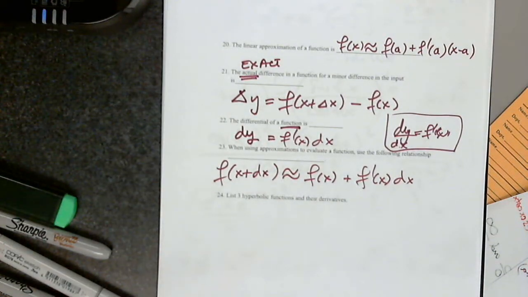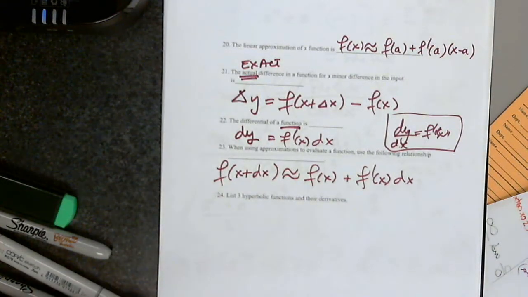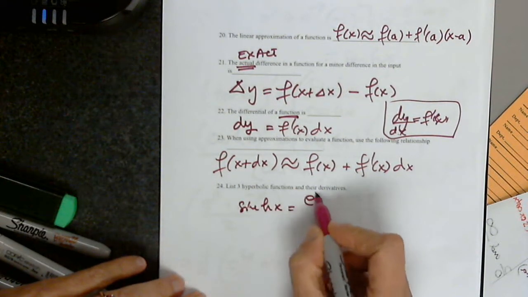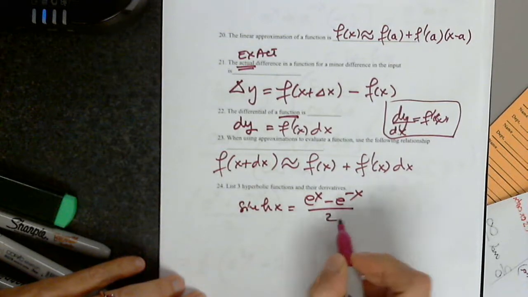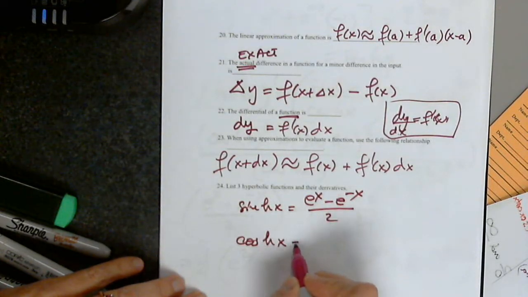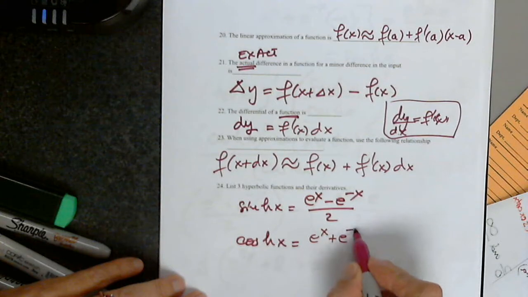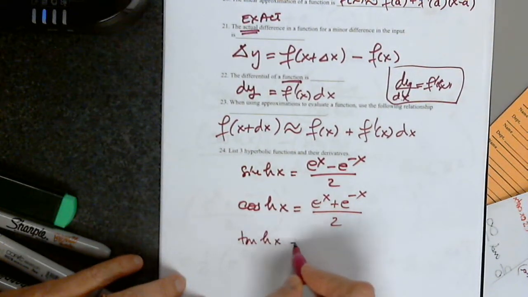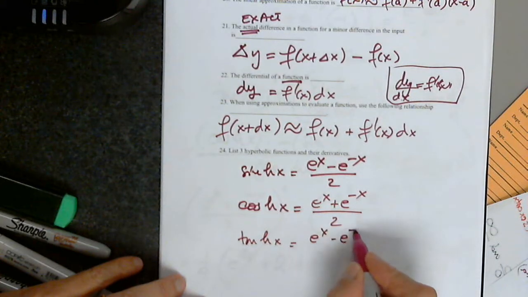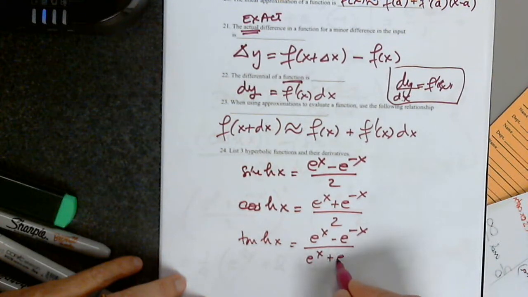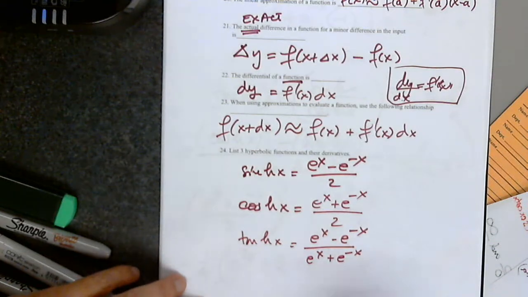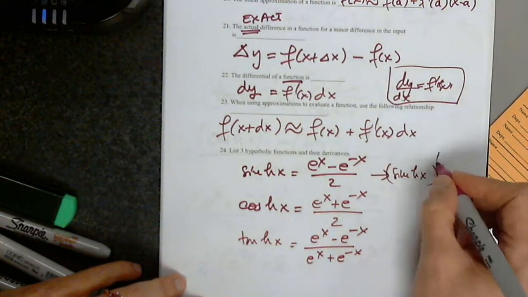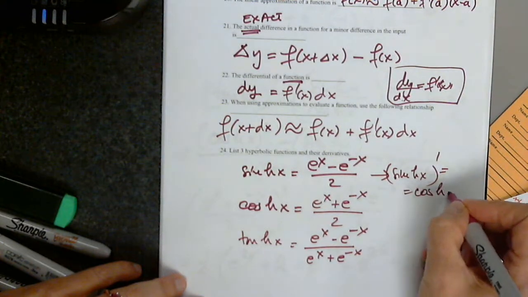Okay, list 3 hyperbolic functions and their derivatives. We just talked about them. So hyperbolic sine, e to the x minus e to negative x over 2. Hyperbolic cosine, e to the x plus e to negative x over 2, and hyperbolic tangent, e to the x minus e to negative x over e to the x plus e to negative x. So from here, hyperbolic sine prime, we know now, is hyperbolic cosine.